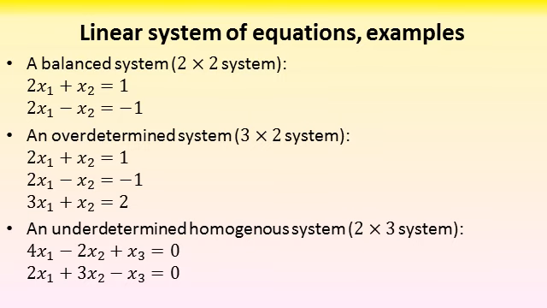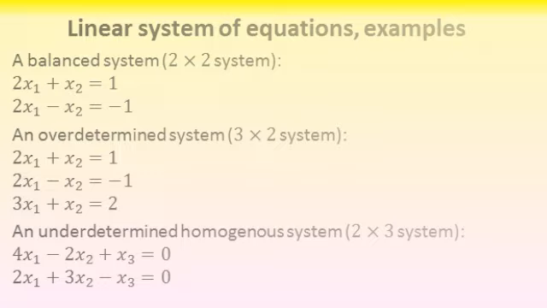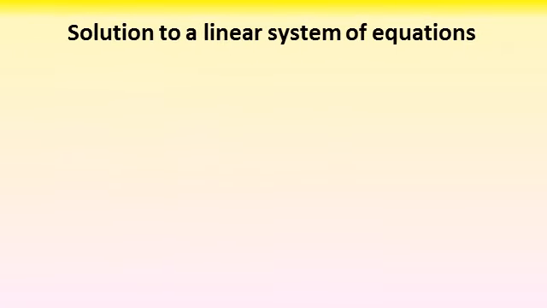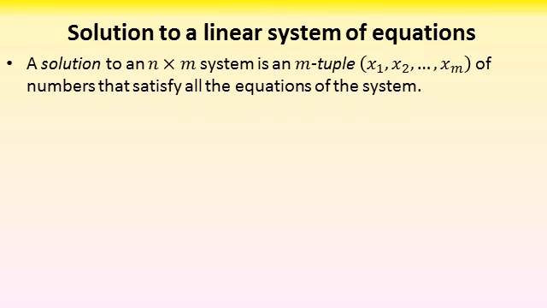Before we continue, let us first discuss what we mean by a solution to a system of equations. By a solution to a system of n equations in m unknowns, in particular to a linear system, we mean an m-tuple of numbers that satisfy all the n equations of the system.